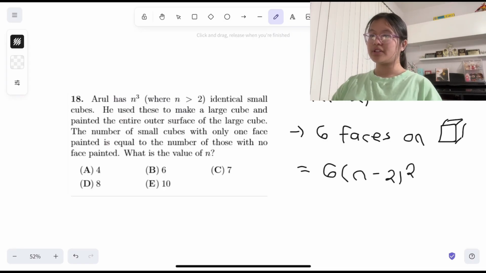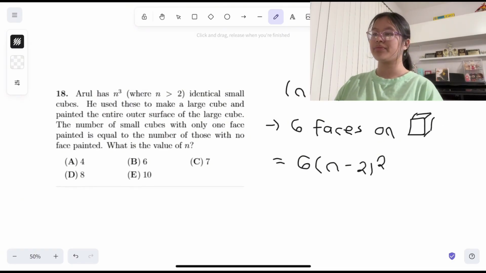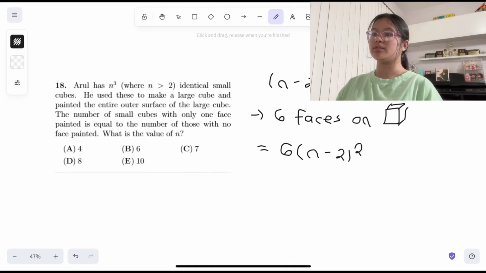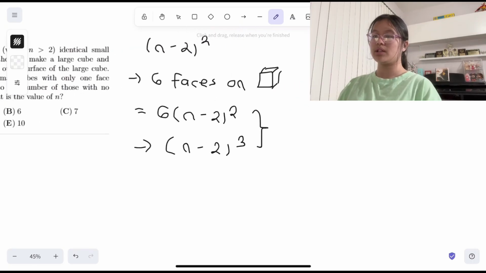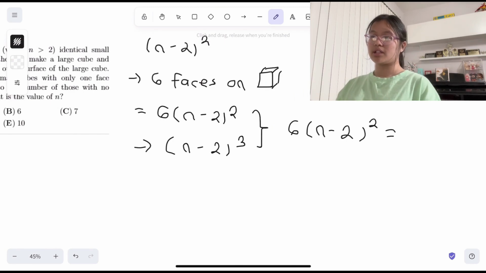So then there are n minus 2 to the power of 3 cubes without any outer face inside the big cube. So the other equation would be n minus 2 cubed. By using these two, we can make an equation: 6 times n minus 2 squared equals n minus 2 cubed.